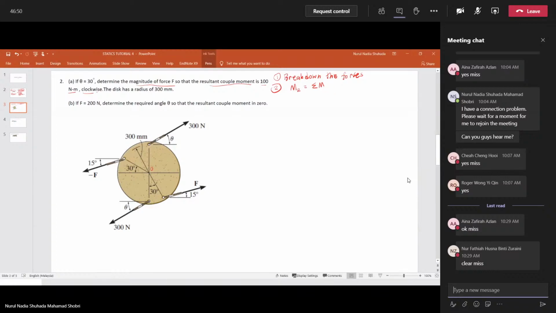Let's say this here is about point O. Since the resultant couple moment is 100 Newton meter, you can use this to find the unknown F. You can take 10 minutes to try to solve this problem on your own, and after 10 minutes we will discuss this together.